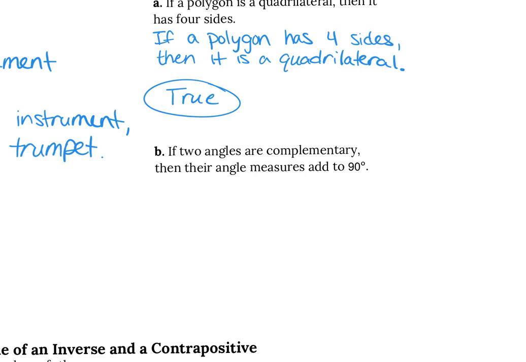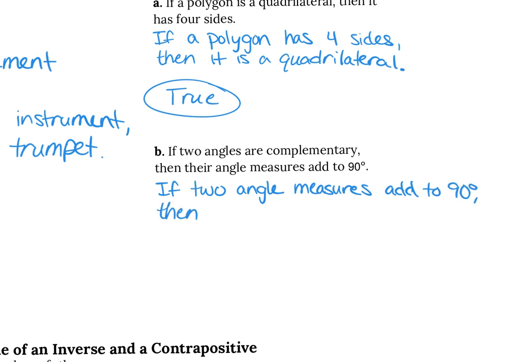So for this one, if 2 angle measures add to 90 degrees, then they are complementary. And that is a true statement.